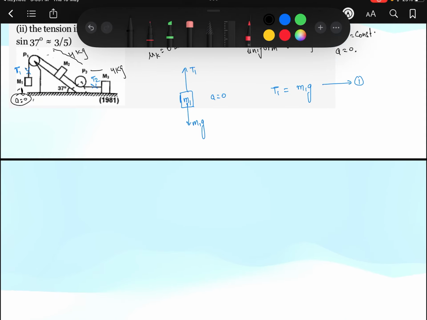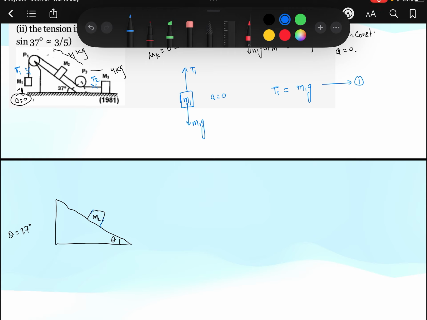Similarly, this is our inclined plane here, and this angle is theta, and theta is given as 37 degrees. We will substitute this value later. Now this is our block of mass m2. What are the forces acting on this block?